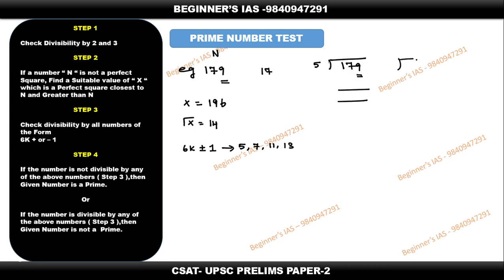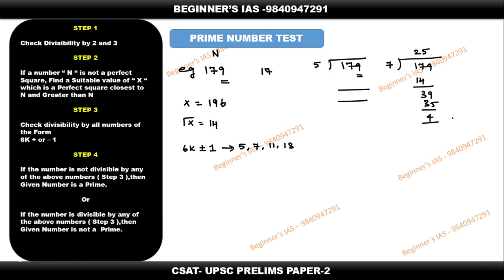So I am moving to the next number: 179 divided by 7. By doing the division, 2 sevens are 14, then 3, 9, 5 sevens are 35, remainder 4. So it leaves a remainder of 4. Therefore, 179 is not completely divisible by 7.